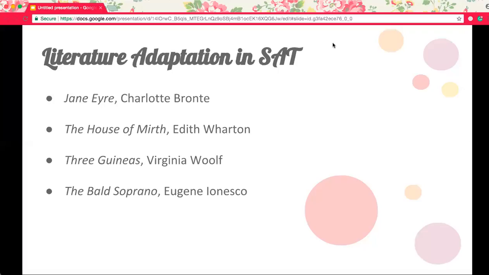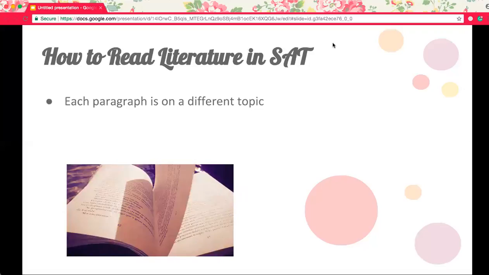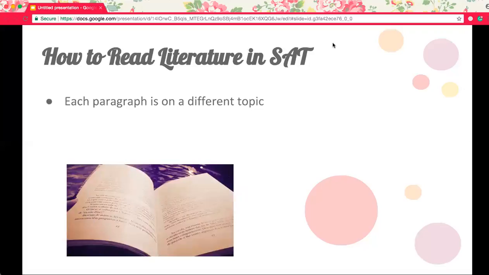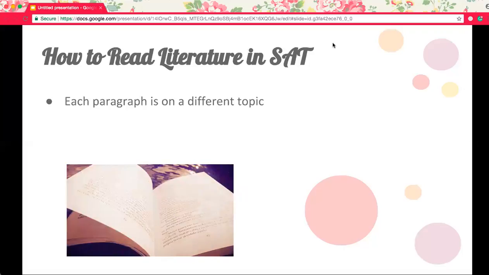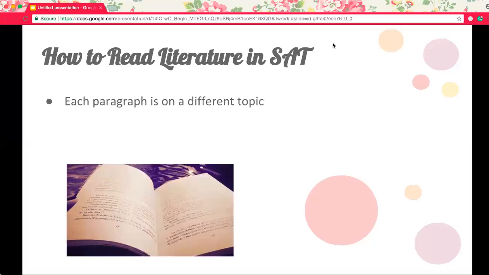In order to read a literature adaptation in SAT effectively and to gain a high score, there are 2 key points for you. The first one is that if it's a literature adaptation, each paragraph of the adapted passage is on a different topic.